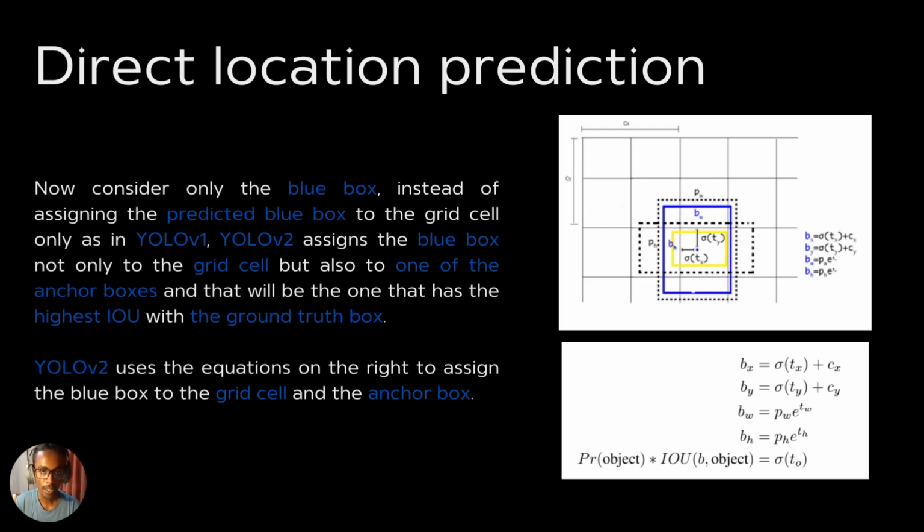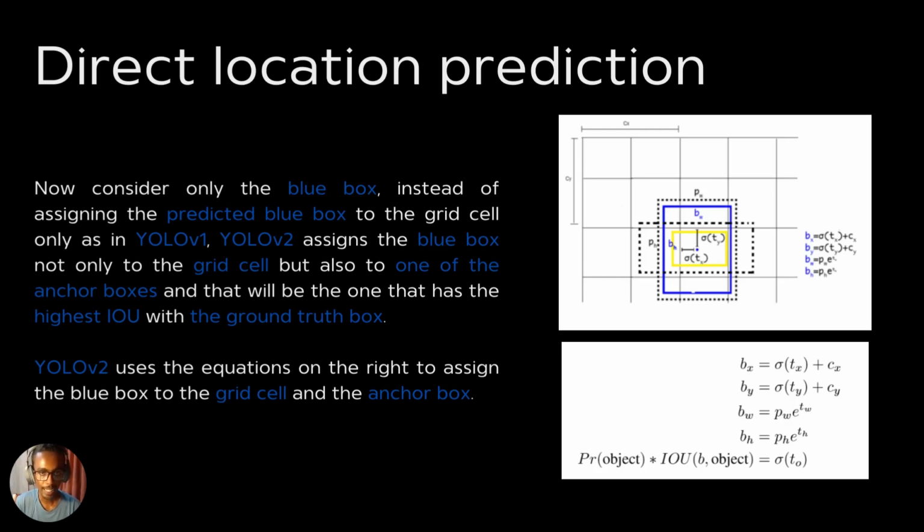So initially, the predicted bounding box, the blue box, is just assigned to the grid cell that contains the center of the object. But here, it is also going to be related with the anchor box that has the largest IOU, or the largest overlap with the ground truth box.